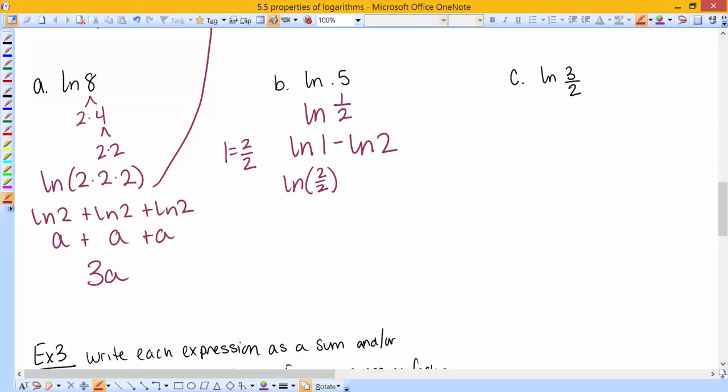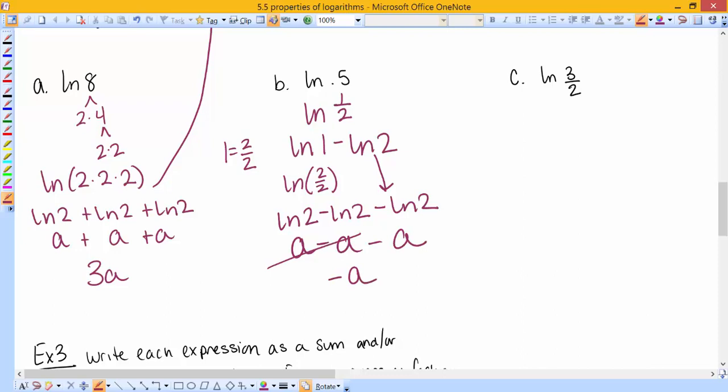Well, now we need to remember from property 4 that when I see division, it is going to become subtraction. So this is the natural log of 2 minus the natural log of 2. And then I bring down this other one, which was minus the natural log of 2. And what was natural log of 2? A. So this is A minus A minus A. Well, A minus A, that cancels, and I'm left with negative A.